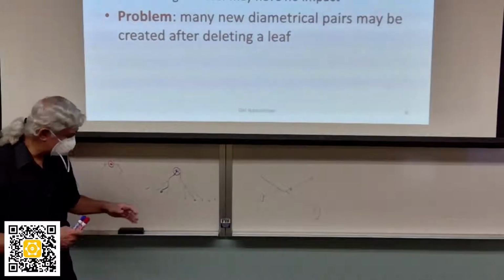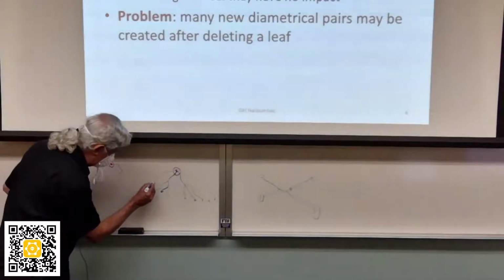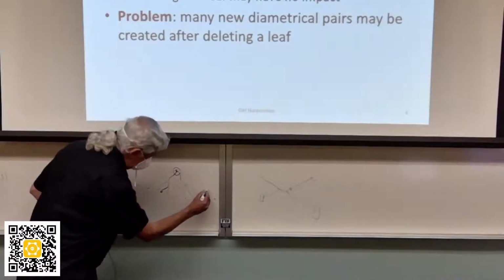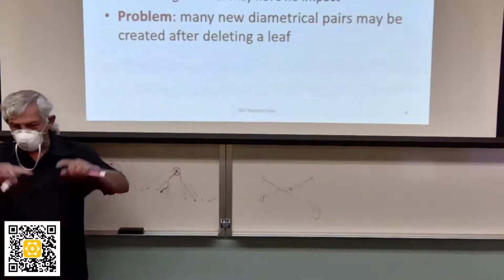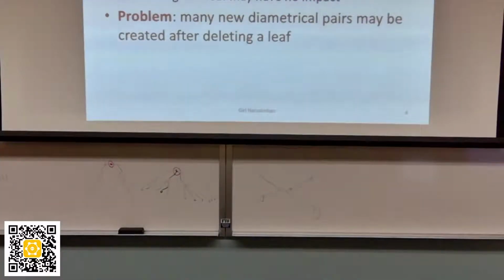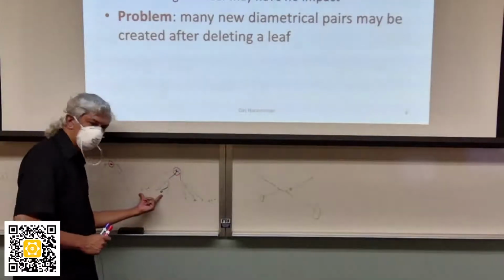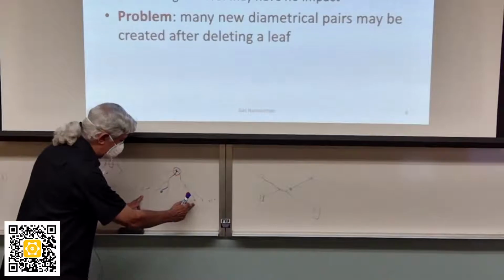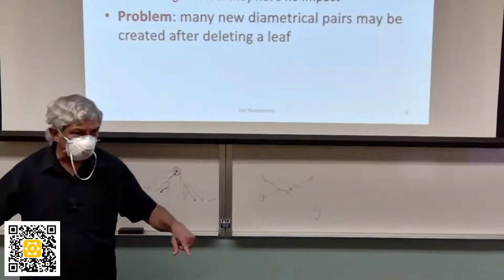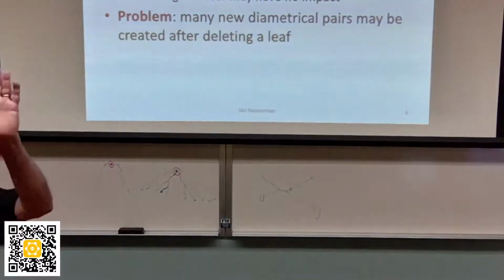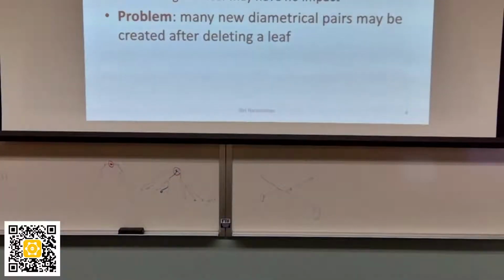If I have something like this, and let's say there are multiple branches here as well, and all of these are diametrical pairs, as long as they're in different subtrees. So this and this is a diametrical pair. This and this is a diametrical pair. This and this is a diametrical pair, and so on. As long as they're in two different subtrees, they're going to be at a distance that's equal to the diameter.